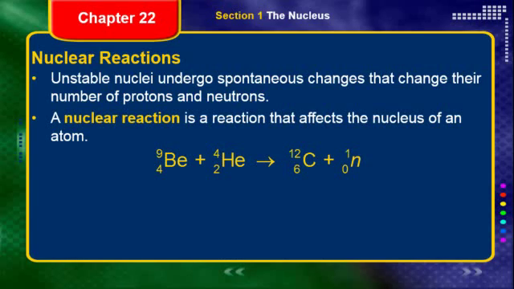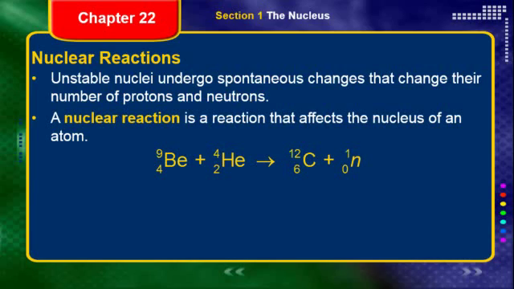Well, if you look at the mass numbers of the beryllium and the helium that we used in this reaction, the total mass number is 13. So even though we have a very stable form of carbon, we need to account for that. Apparently, it's a neutron that was ejected from this nuclear reaction.